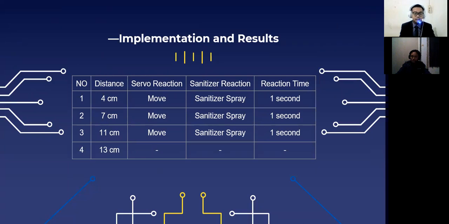But if it reaches 13 centimeters and above, the servo does not react and the sanitizer gel will not come out at all. This is proof that there are still shortcomings in the distance, which may someday be fixed. But for now, this is at a distance of 0 to 11 centimeters.